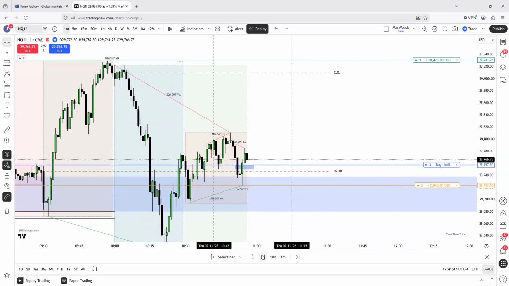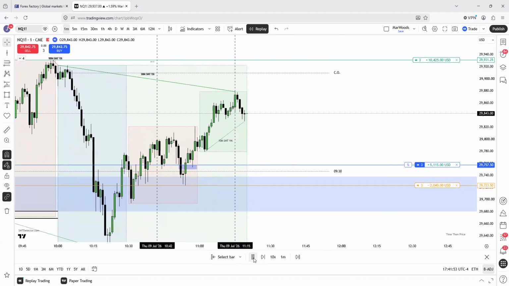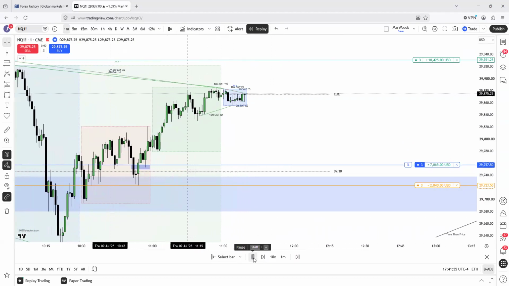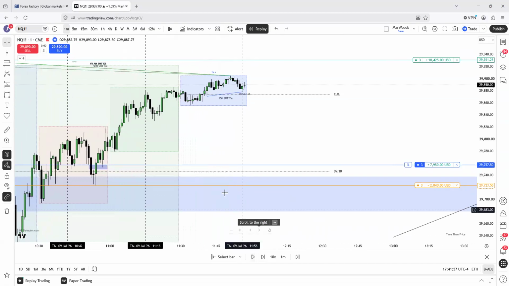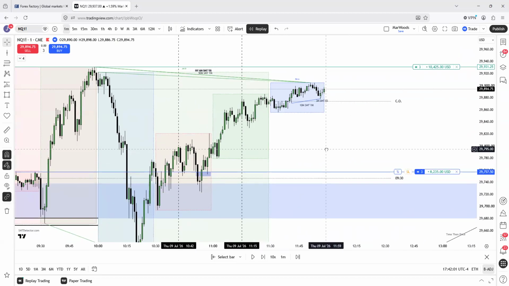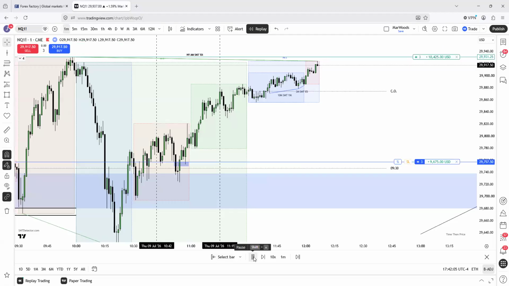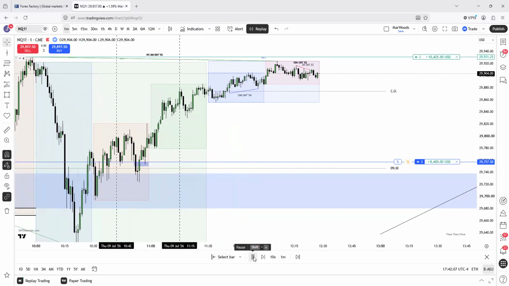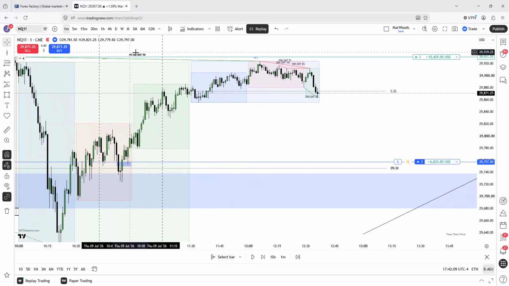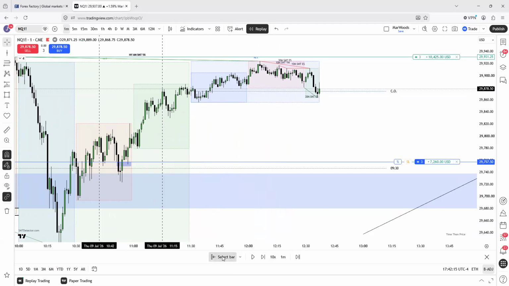All right, so boom, let's play this here. We get filled. At this point, your stop loss should be in profit or at break even. As you see, this New York AM SMT happened right here, we could have taken a big partial.